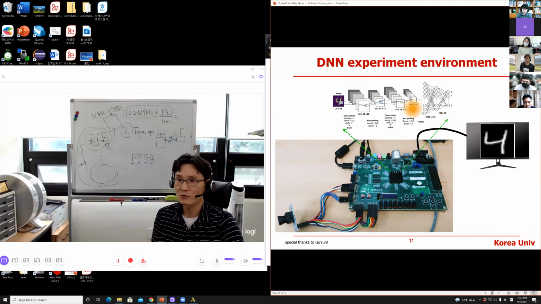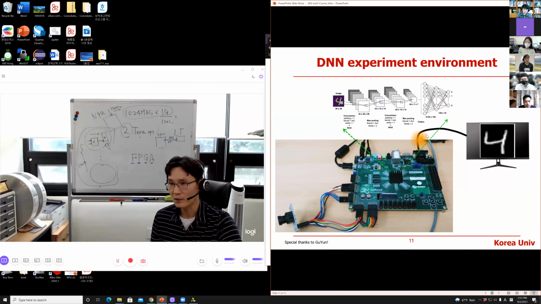You have some round shape here, some straight line at this point; those are features. Based on those features, you classify, okay, that is number 4, classification from 0 to 9. So we are going to put this hardware engine into the PL section, and then the output will be displayed through this monitor connection.